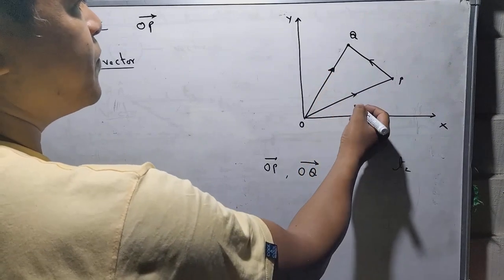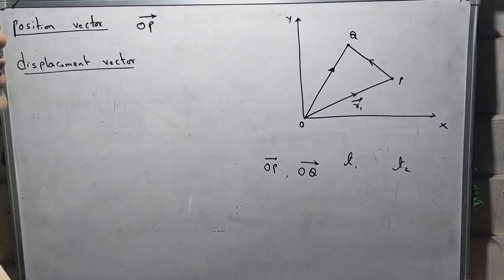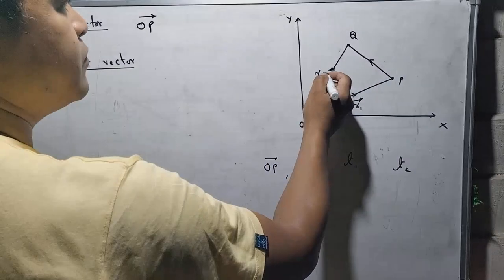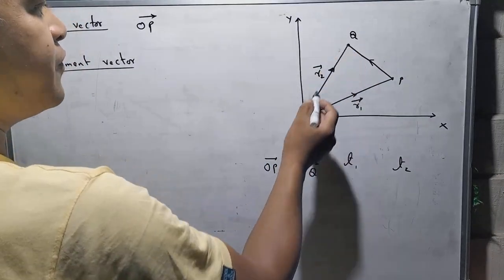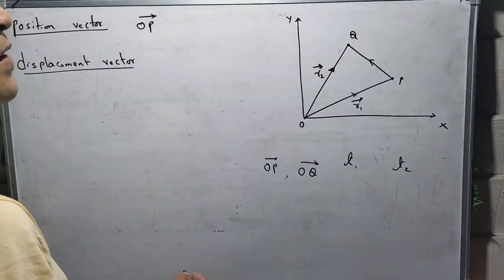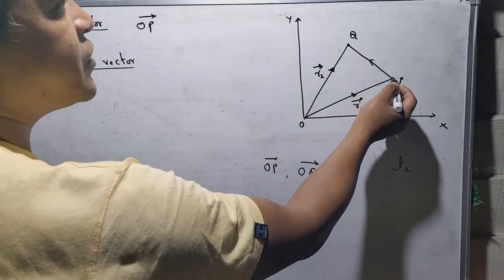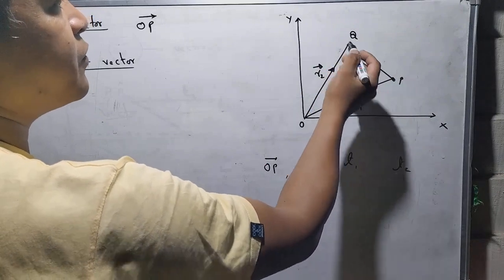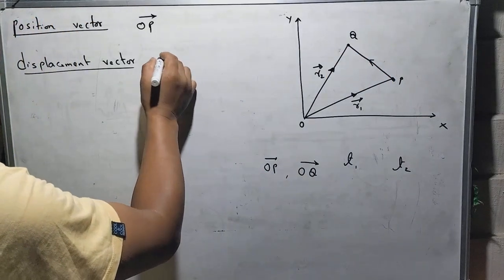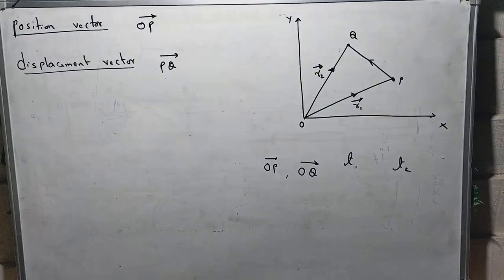Alright, so I can write like this. Suppose this OP arrow is written as R1, which is the position vector of the point P, and R2 is the position vector of the point Q. Now the object is changing its position from P to Q. So this PQ arrow is known as the displacement vector.